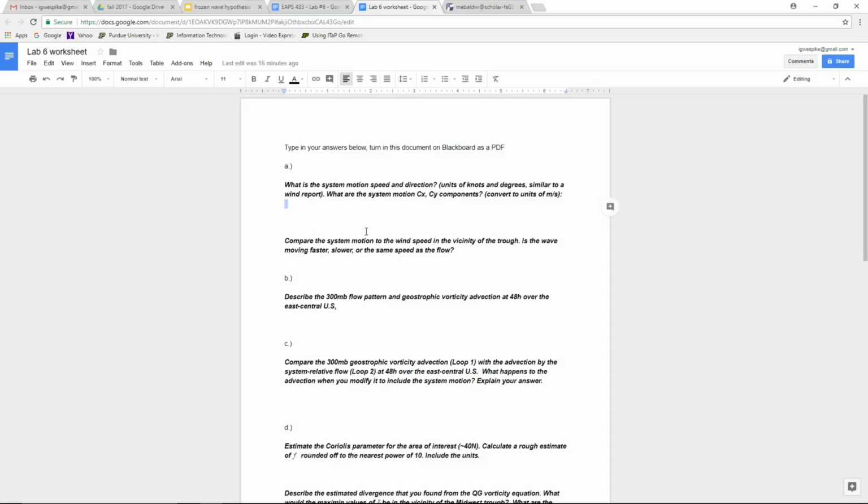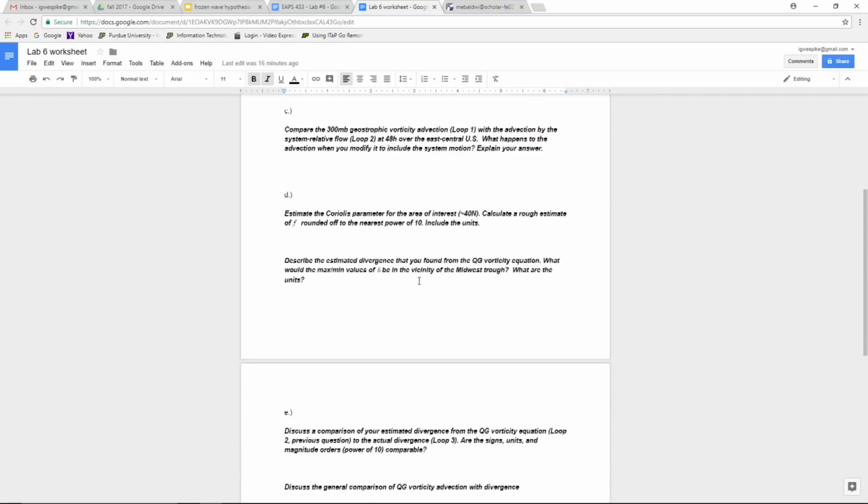For most of these, there's either very simple calculations that need to be done, or just reading numbers off the map. But take careful note of the units as you do this, and make sure you provide the units that are appropriate, and make sure that they cancel out when you do calculations.